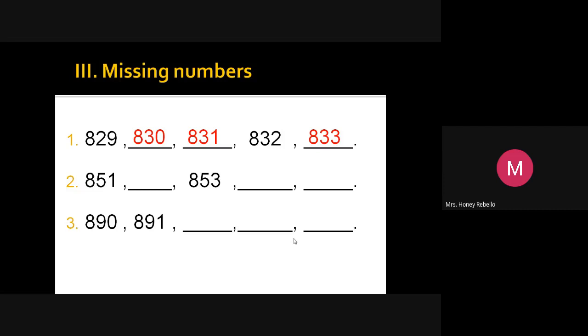Just write in your first column 851. Leave one square, dash. Leave a square after that. 853.